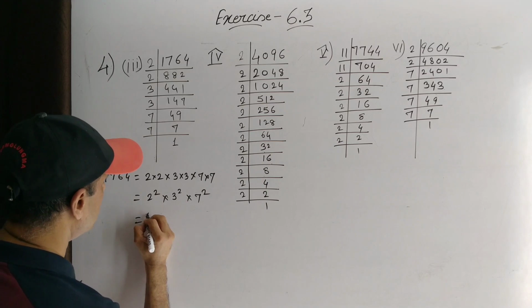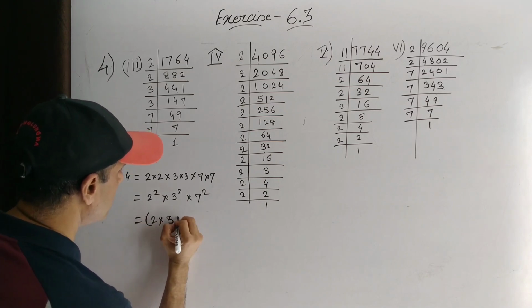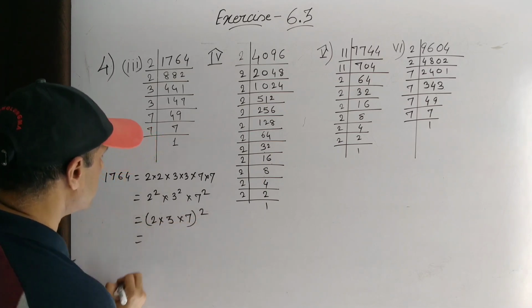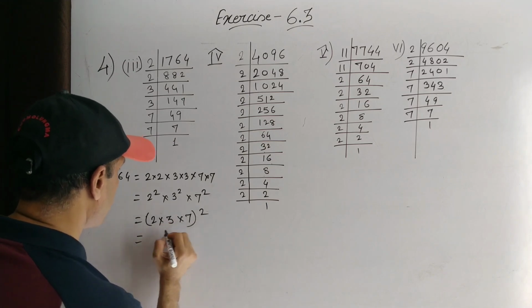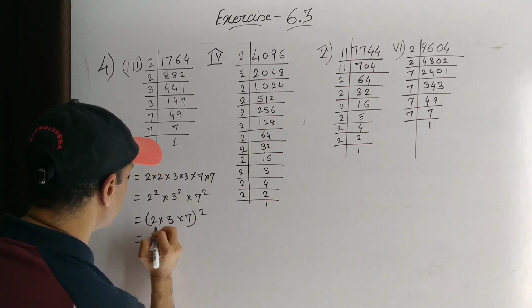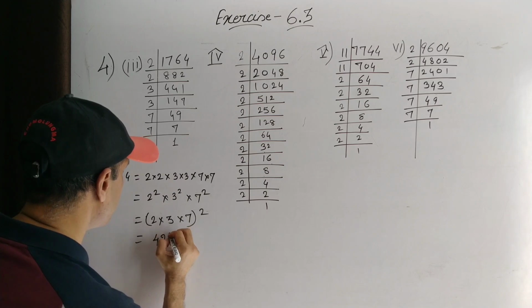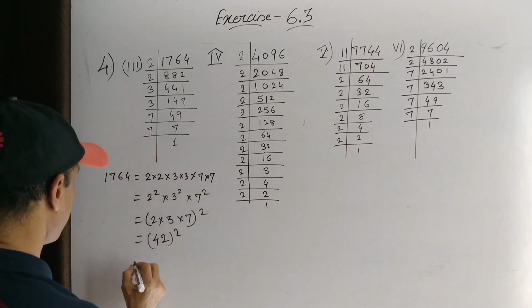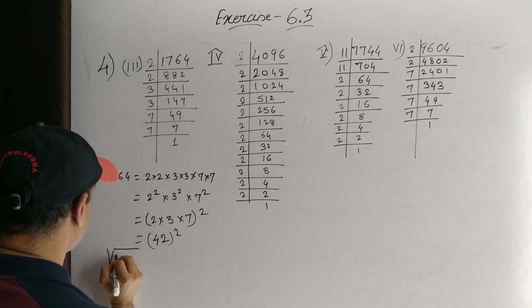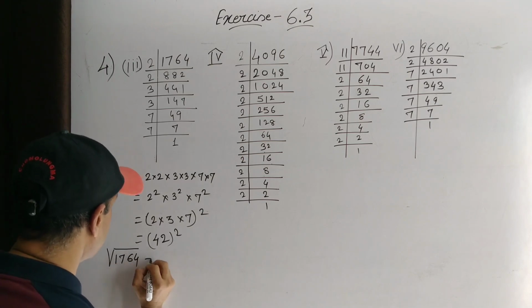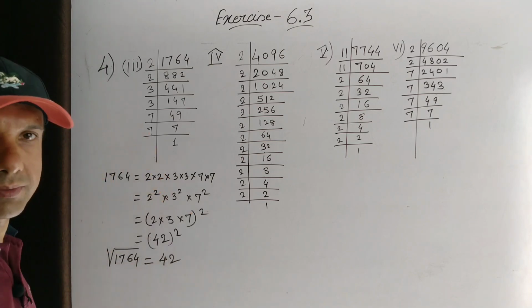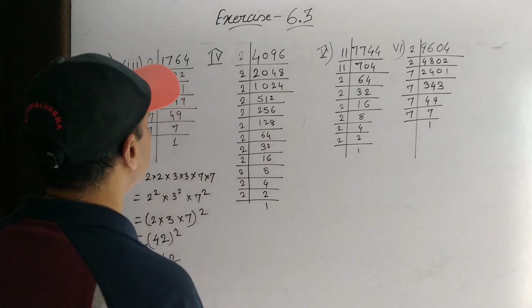This is equal to 2 into 3 into 7 whole square. This is equal to 42, 6 7s are 42, whole square, and under root of 1764 is equal to 42. Clear?